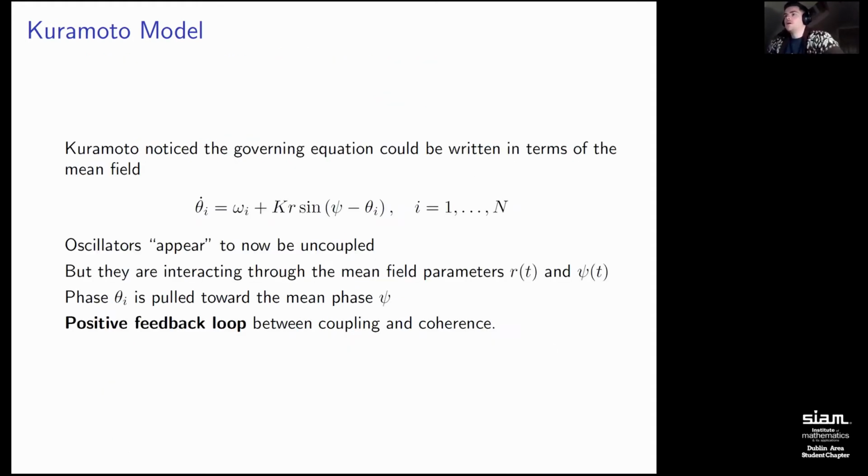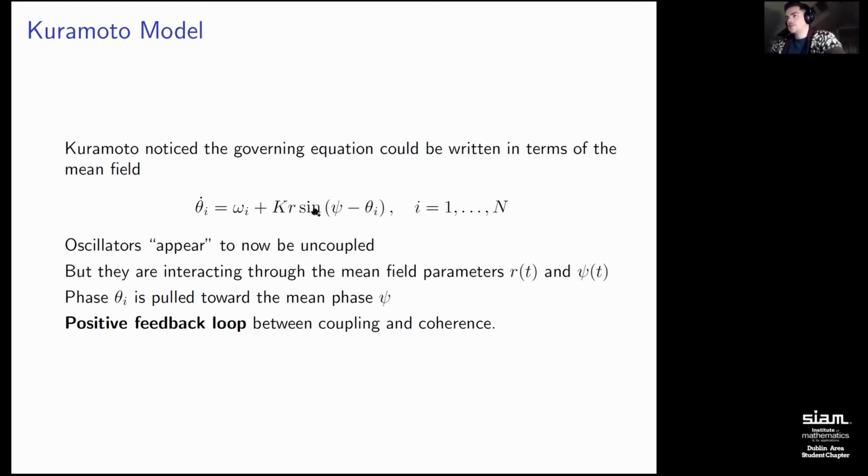From that model, Kuramoto noticed that you can rewrite the governing equation in terms of these mean field parameters, which is given here. Now, instead of the old Kuramoto model, we have a model in terms of R, the measure of synchronization, and the average phase of the population. This model suggests that the oscillators appear to be uncoupled, but they're actually not. They are still interacting through the mean field parameters R and psi.